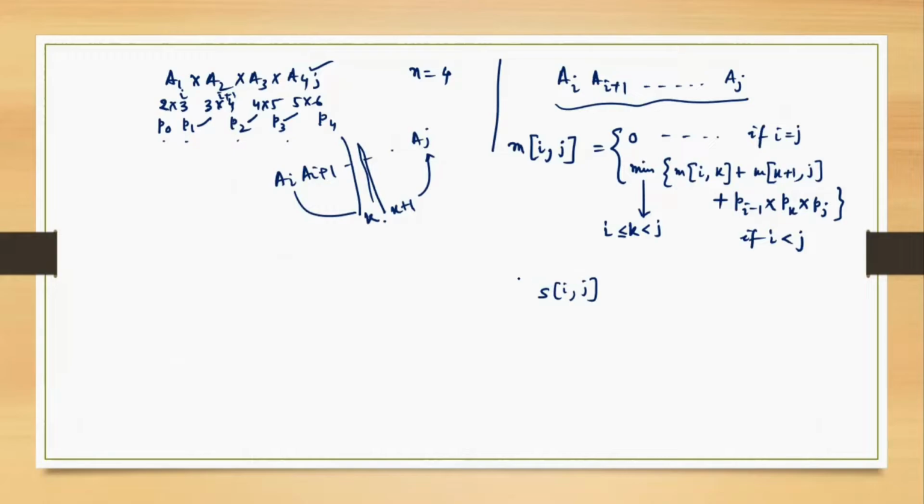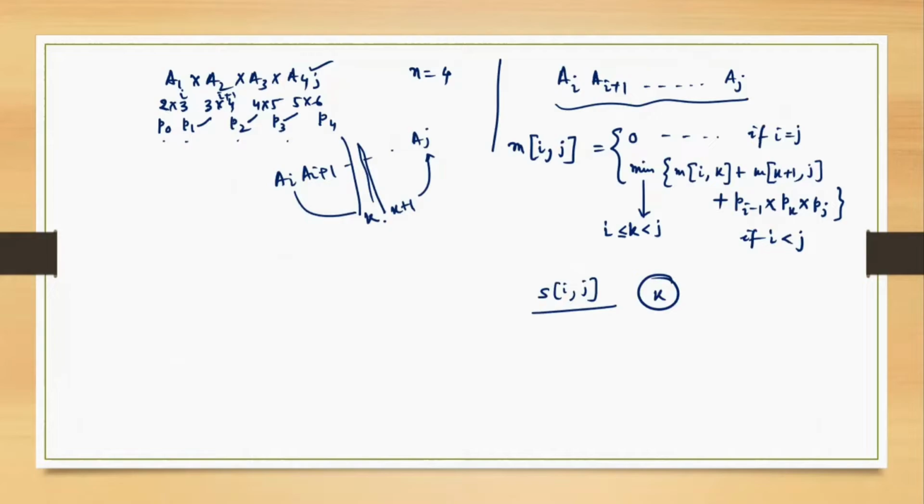S of ij provides the value of k at which we split the product of Ai plus 1 up to Aj in an optimal parenthesization. So another table is also required that is not mentioned in the formula. We will introduce it at the time of solving this problem.